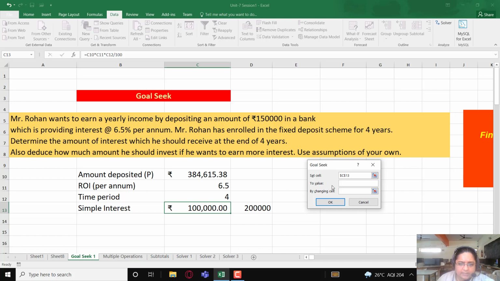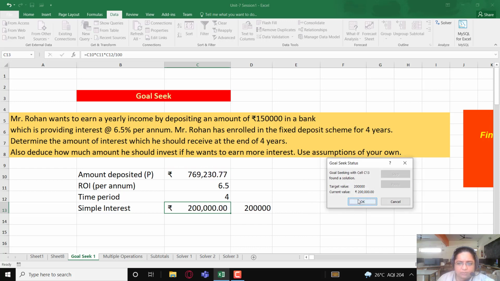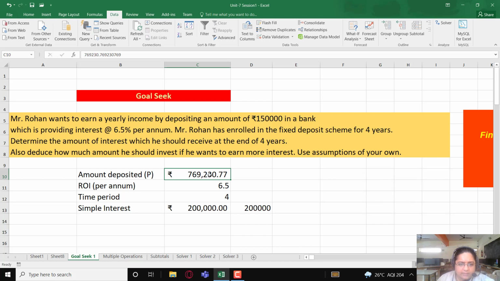So we can just provide the value over here, that is 2 lakh, by changing cell, this cell, and click on OK, and goal seek finds a solution, and this is the solution, that is he needs to invest at least 7,69,230 rupees 77 paise to get an interest of 2 lakh.